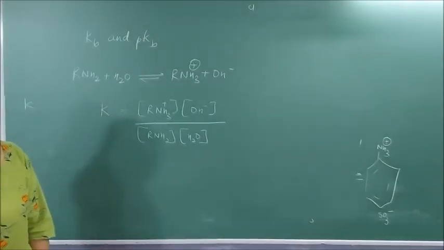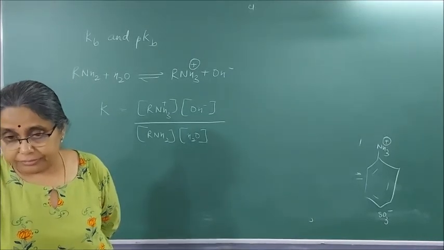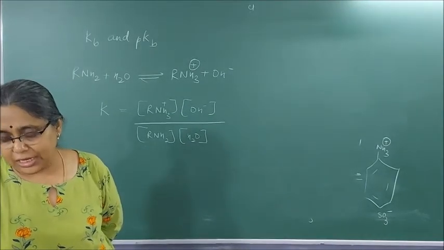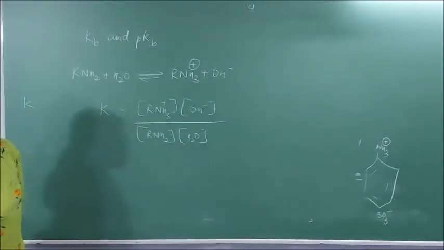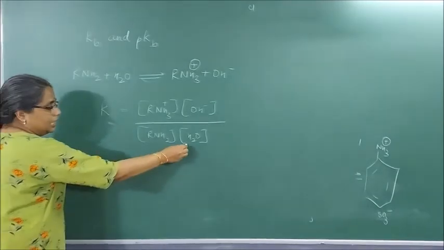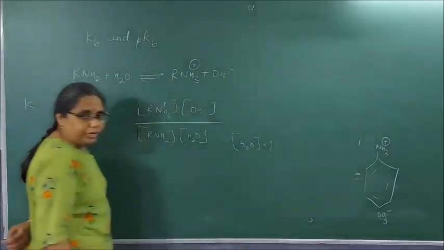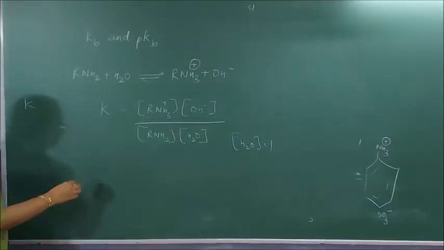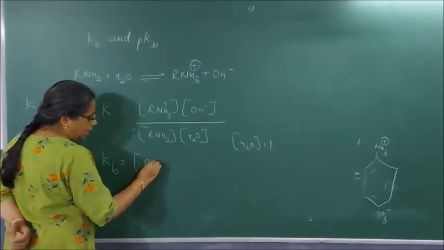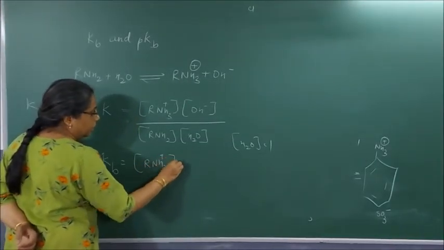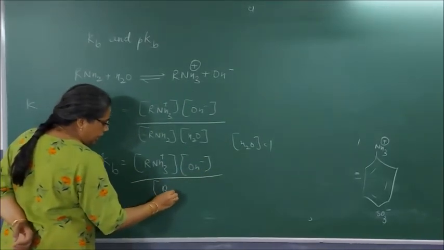When water is taken in large excess, its concentration is taken as 1. So Kb now becomes the concentration of RNH3+ times OH-, divided by RNH2.